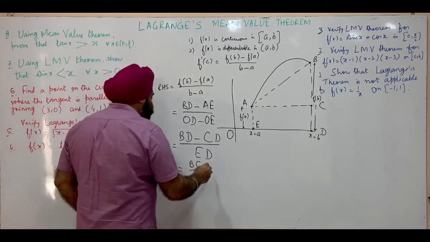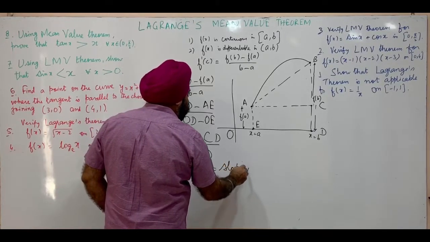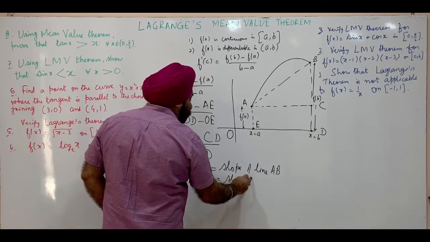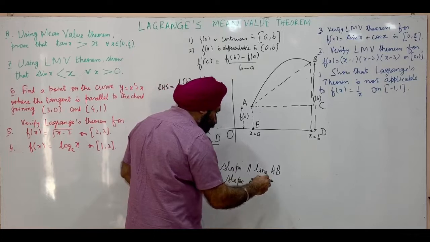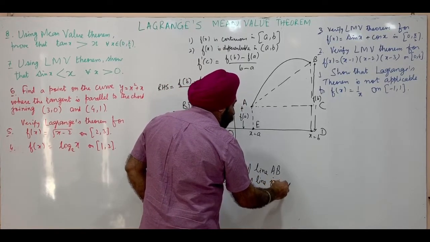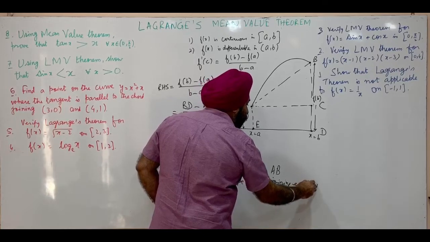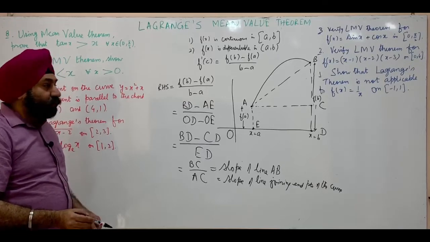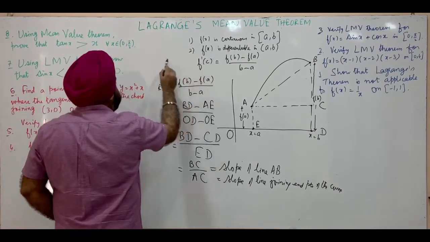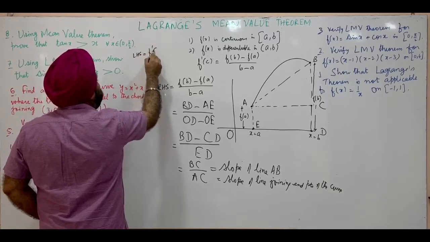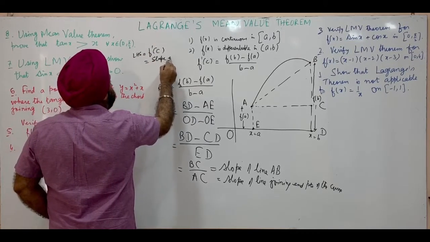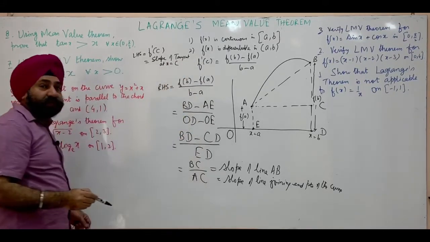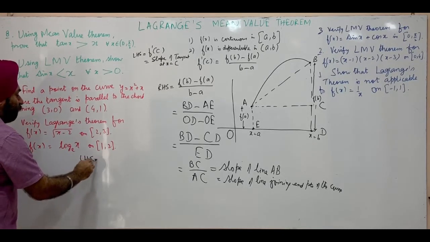So can we say this is the slope of line AB, or you can say this is the slope of the line joining endpoints of the curve. So the right hand side is the slope of the line joining endpoints of the curve. What about the left hand side? Left hand side is f dash of c, that is the slope of the tangent at x is equal to c. And the left hand side is equal to the right hand side.